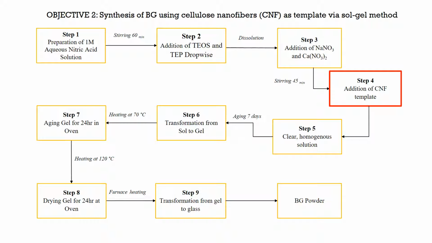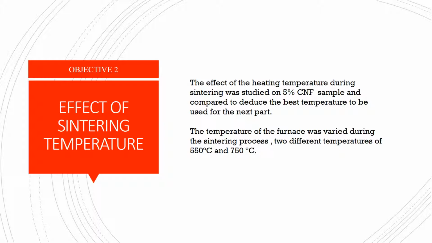For the second objective, the steps are similar, except for the extra step of adding the CNF template after 45 minutes of stirring. Once a clear homogeneous solution is obtained, the steps are followed through as per objective 1. For objective 2, the sintering temperature effect was observed by using 5% CNF sample.